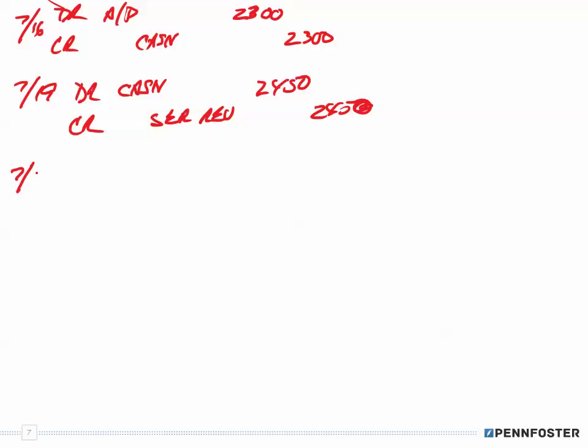So 7/23, I'm going to debit my accounts receivable for $3,300, and I'm going to credit my service revenue for $3,300.